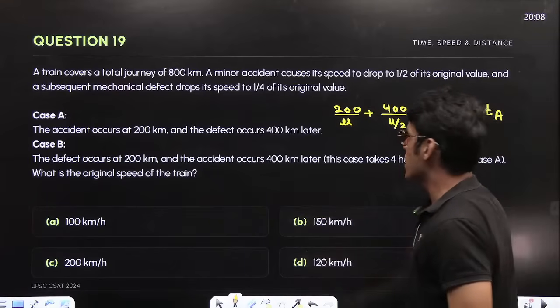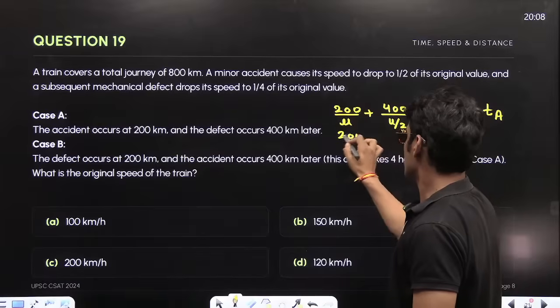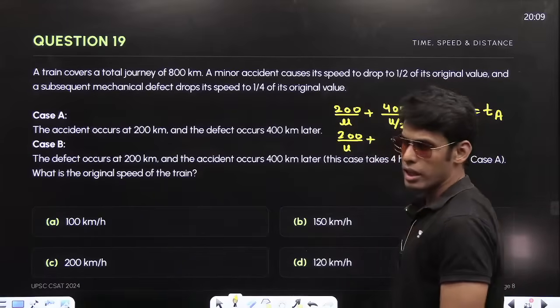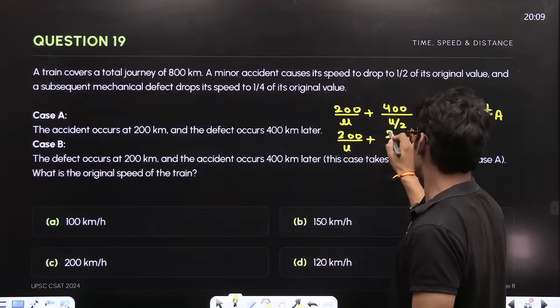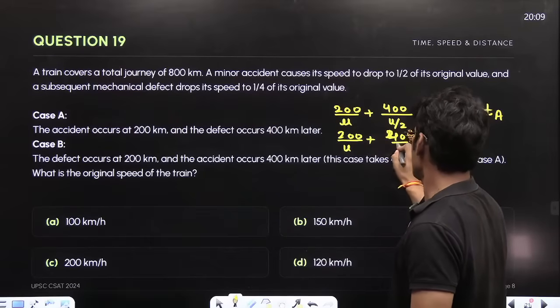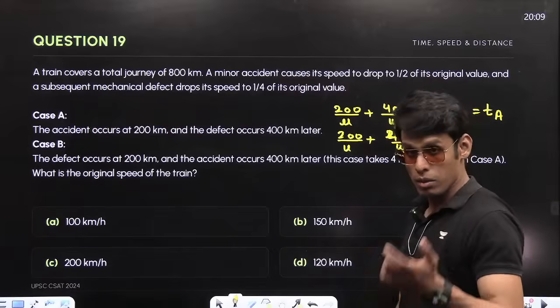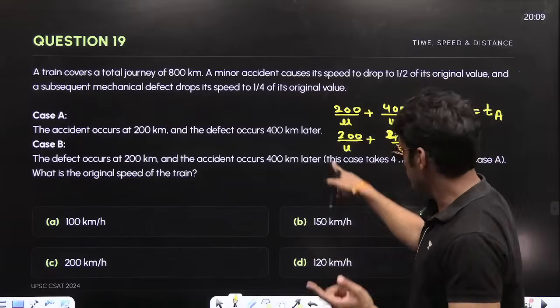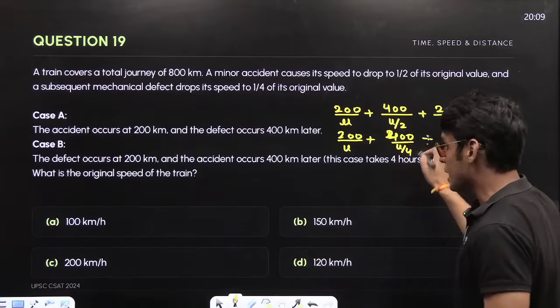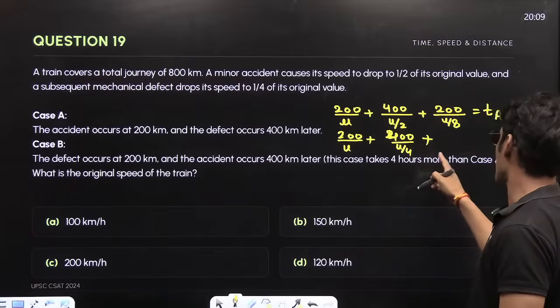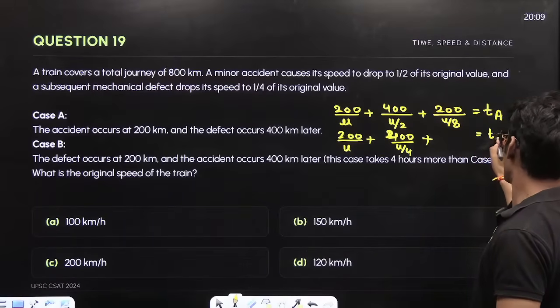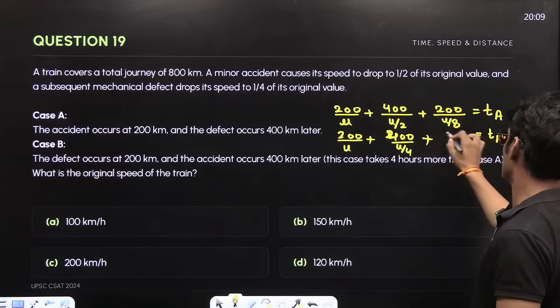Now in case B, for 200 kilometers it is moving normally. After 200, the defect is occurring, which means its speed will be 1/4 of the original speed, that is u. And then the accident is occurring. The accident occurs for 400 kilometers. This takes 4 hours more. It is written.